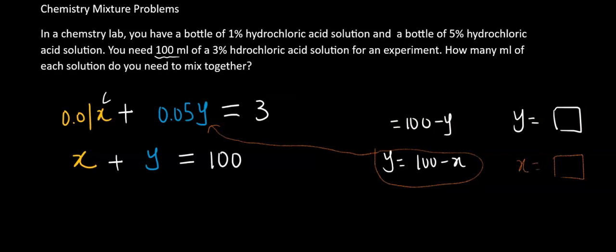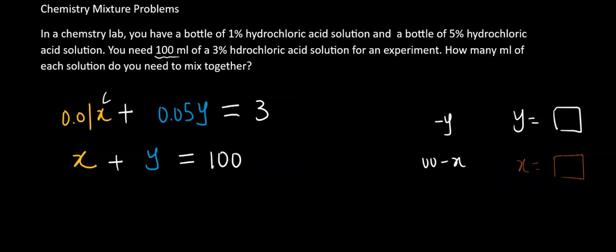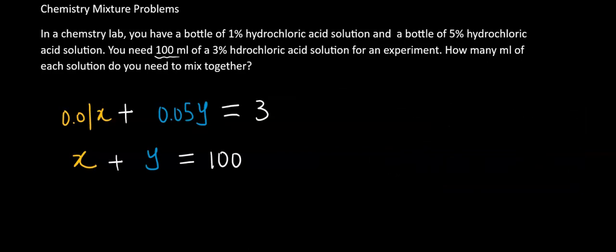But today, I'm going to show you a different method. This method is called elimination, which means we're going to eliminate one of the variables first. You can decide, do I want to eliminate X or do I want to eliminate Y? I'm going to eliminate X first.